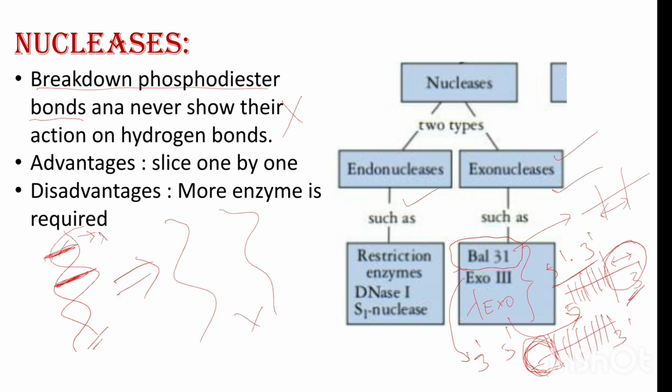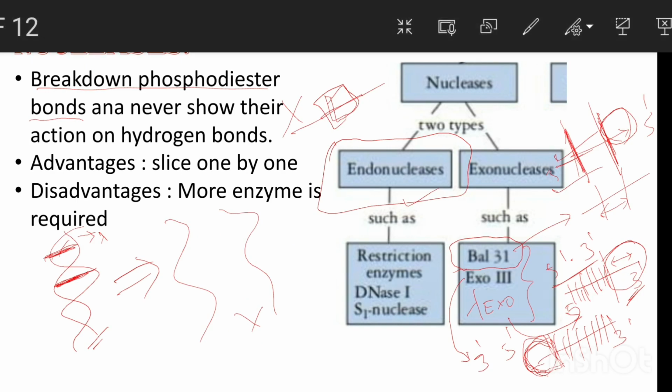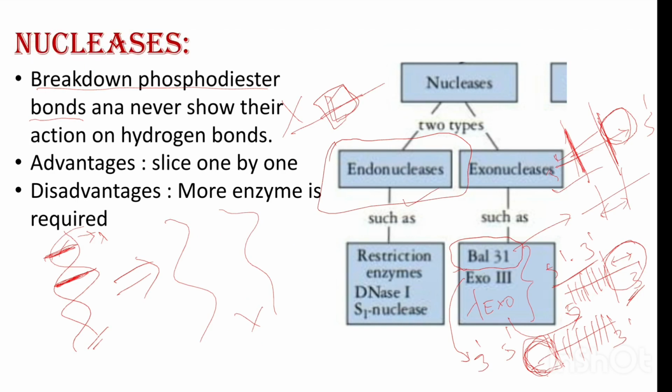Because an exonuclease's action is on the ends only, and an endonuclease's action is in the middle of the genetic material. BAL31 has the combined action of both EXO3 and lambda EXO. So a cut is made like this, here with one enzyme and here with the other, so we need not require both of these enzymes. This is why we use BAL31.